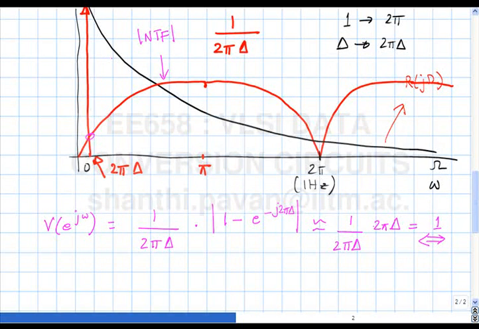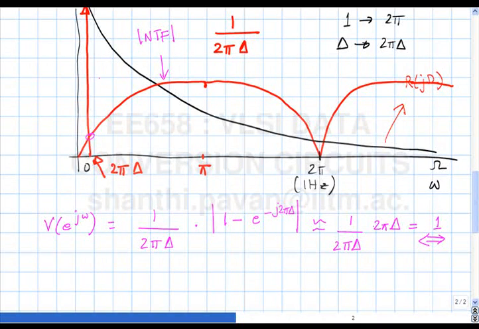Alright. So, as we expect, if you put in a low frequency sinusoid, the magnitude of the signal transfer function is 1. Okay? Does that make sense?